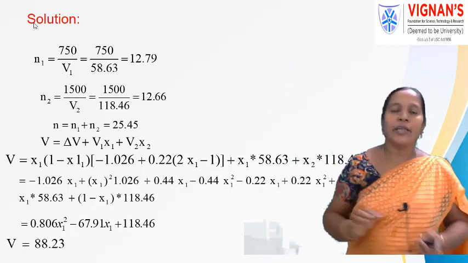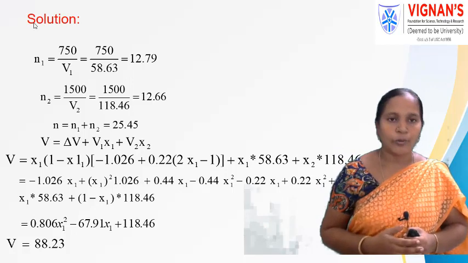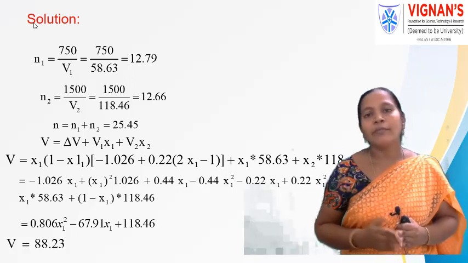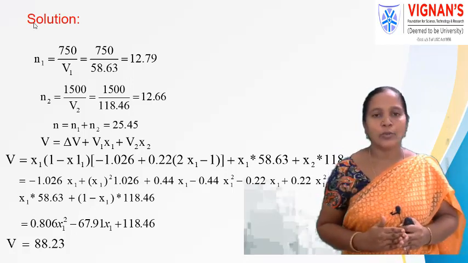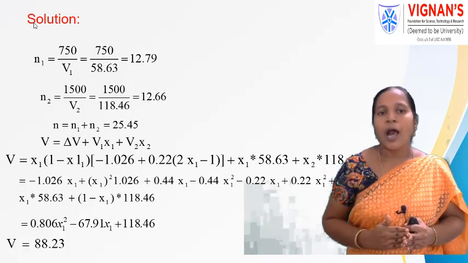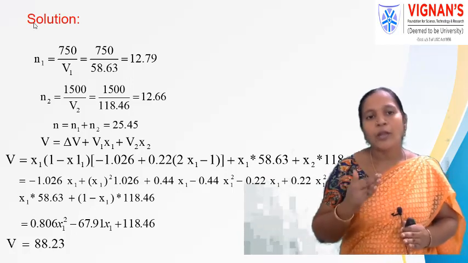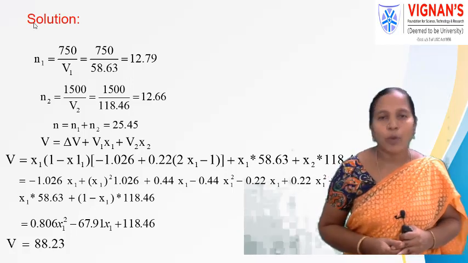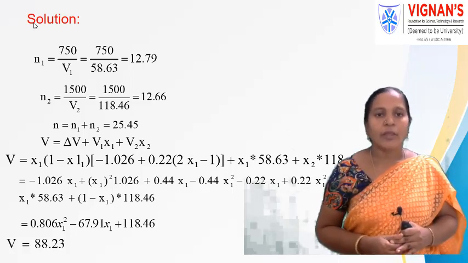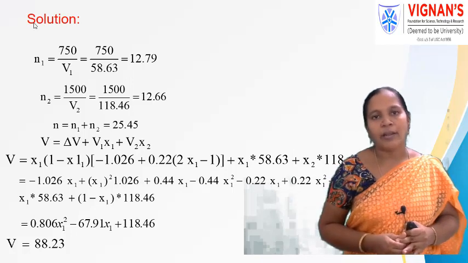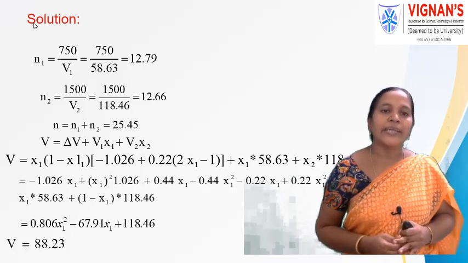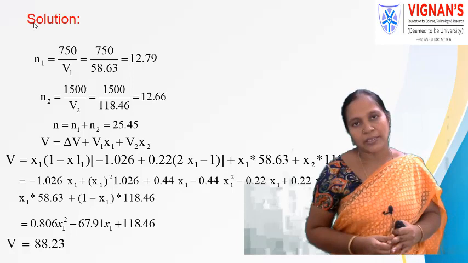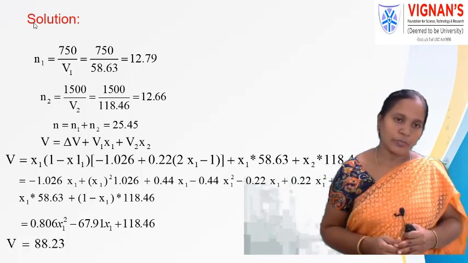Similarly, calculate N2 equal to 1500 divided by V2, that is equal to 12.66. After adding, we get the total number of moles, that is equal to 25.45.